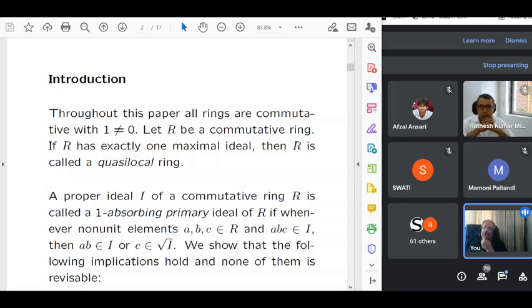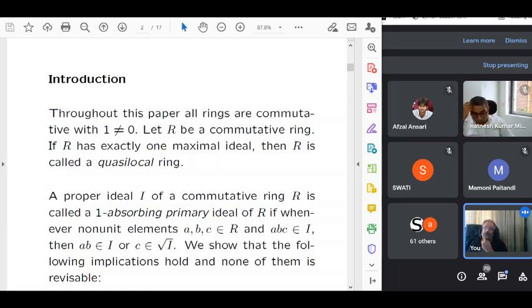Okay? Recently, they generalized this concept to one absorbing prime. They removed primary and they study one absorbing prime. And what one absorbing prime means is still the same thing: whenever you have non-unit a, b, c again and abc in I, then ab in I or c in I. You see the difference?